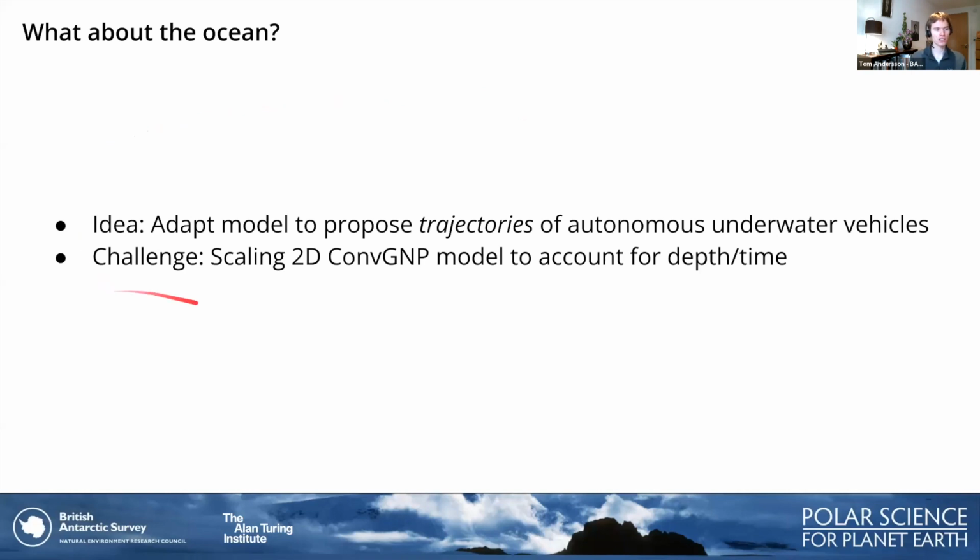But one of the challenges to bringing this approach to oceanographic data is scaling our 2D model to account for depth, which is obviously important with the ocean, and time, for example, as well. So that's something that we have to really look into going forwards as we continue to develop this machine learning approach.